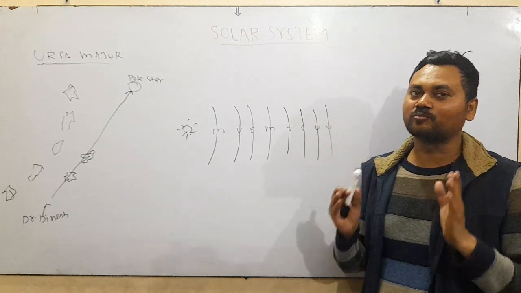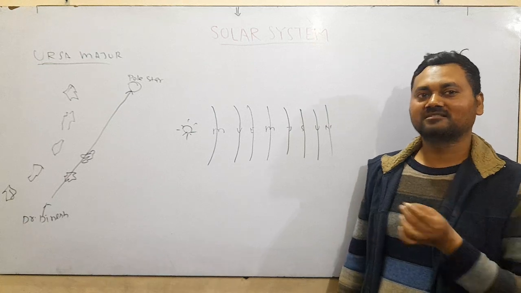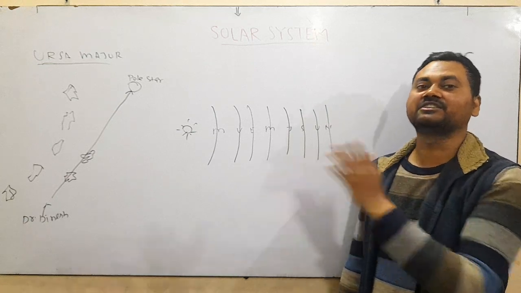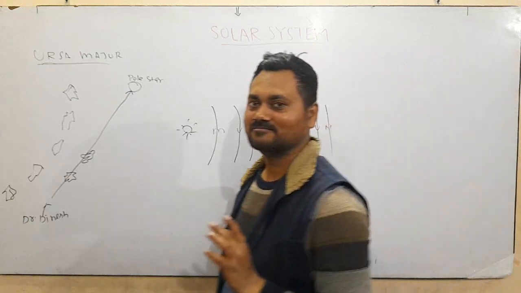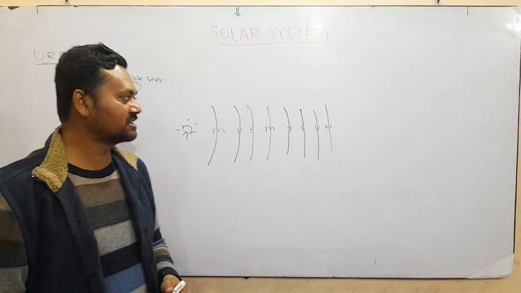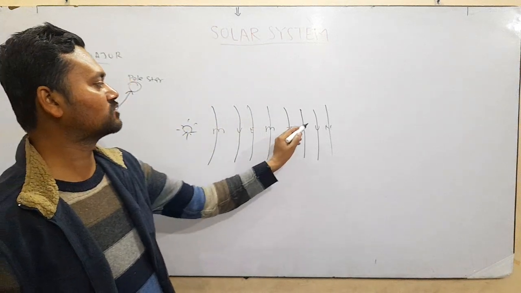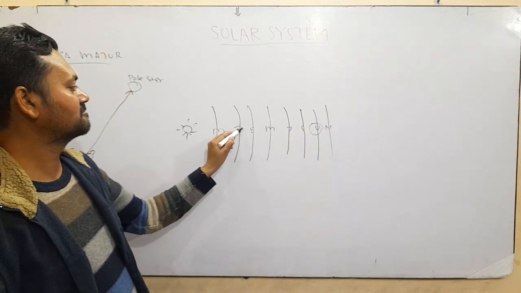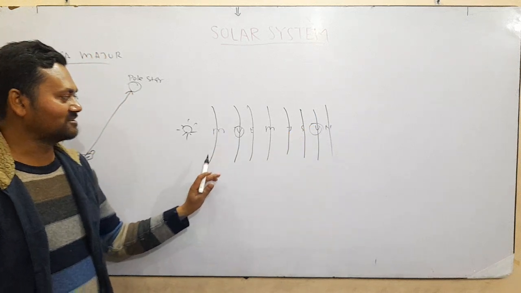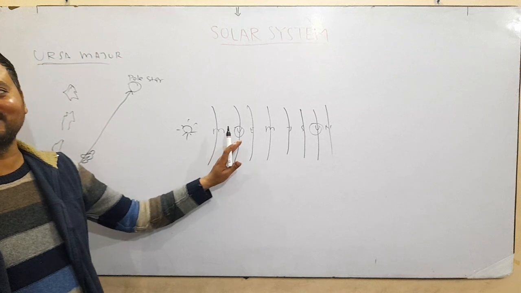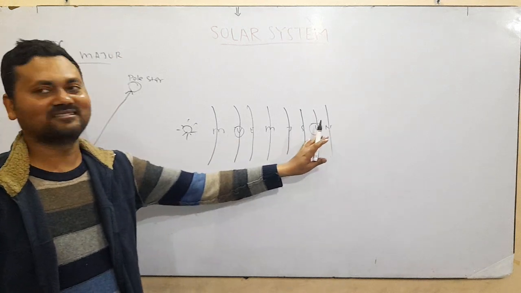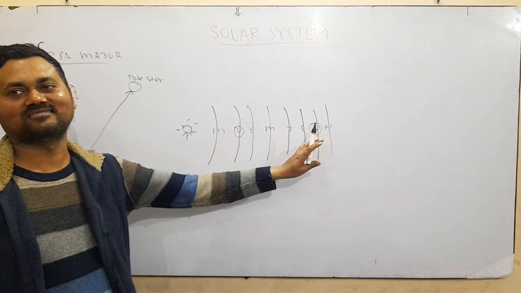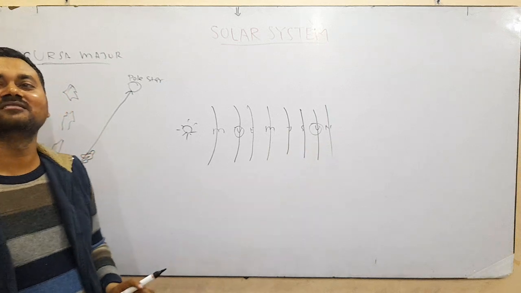Which are those two planets which rotate just opposite? It means east to west. Uranus. Yes, Uranus, you are right. And Venus. So from here the second one, and from here the second one. These are the two planets which rotate opposite.